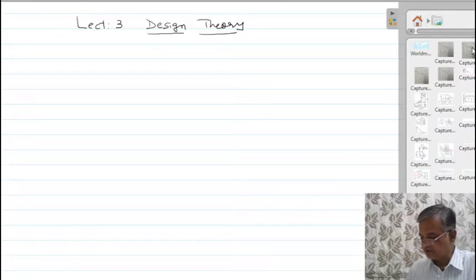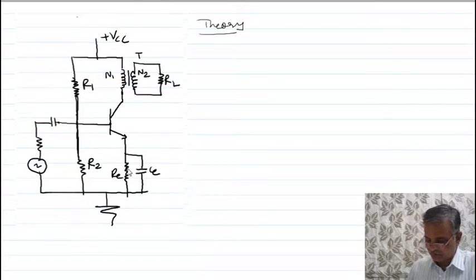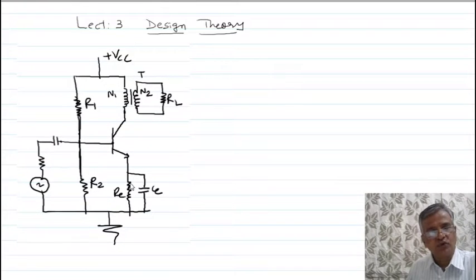I am showing how to start to draw the load line. See, this is the circuit diagram of a transformer coupled common emitter amplifier.